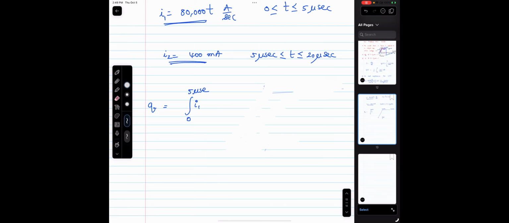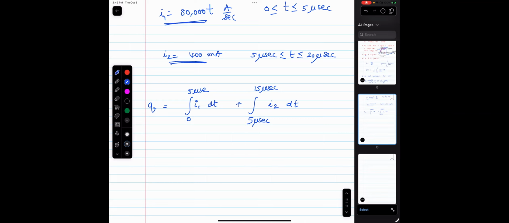So Q equals the integral from 0 to 5 microseconds of I1 dt plus the integral from 5 microseconds to 15 microseconds of I2 dt.